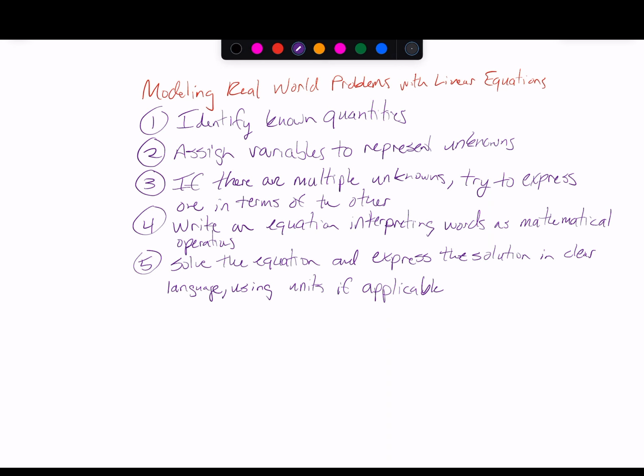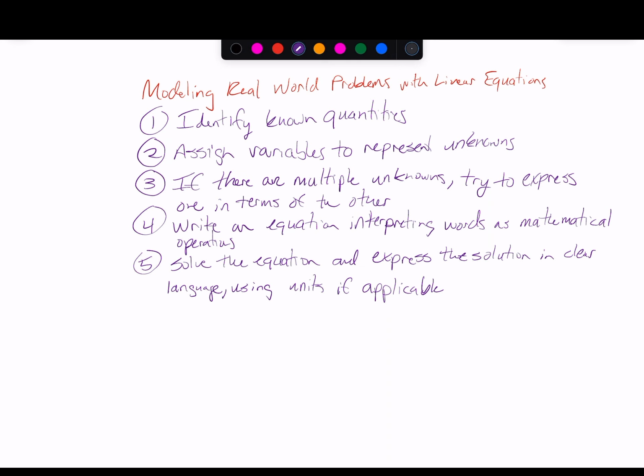The first thing that you need to do is to identify the things that you know. Identify your known quantities. Once you've done that, you also need to identify what you don't know and assign variables to represent those unknowns. If there are multiple unknowns, in step 3 you'll want to try to express one of the variables in terms of the other.